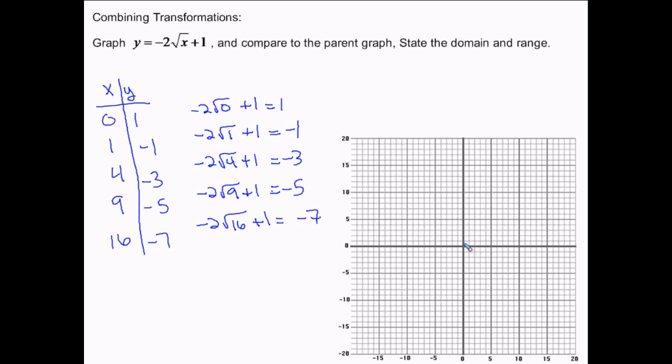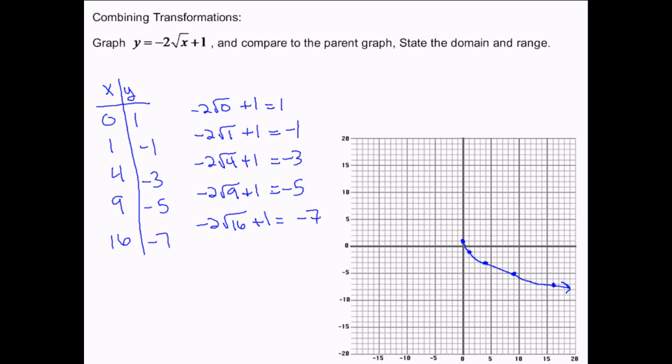So I have 0, 1, 1, negative 1, 4, negative 3, 9, negative 5, and 16, negative 7. So that negative 2 flipped us over and doubled us, and then we shifted up 1.